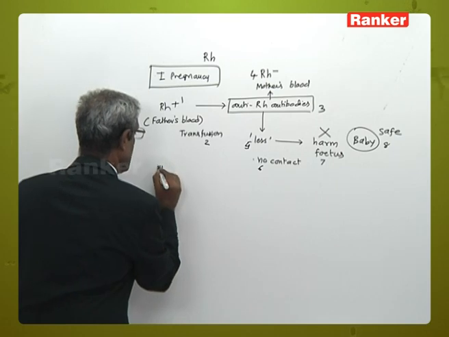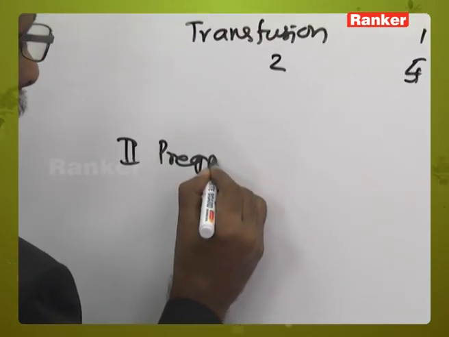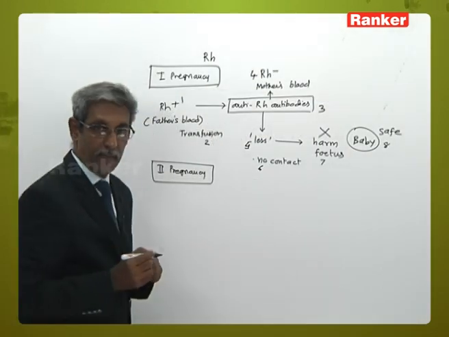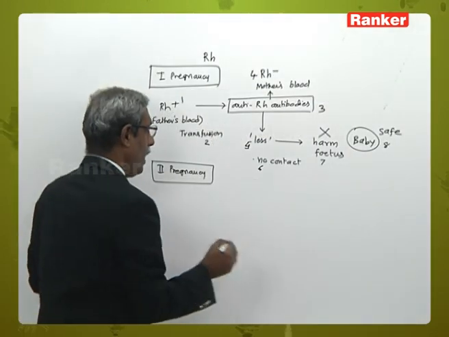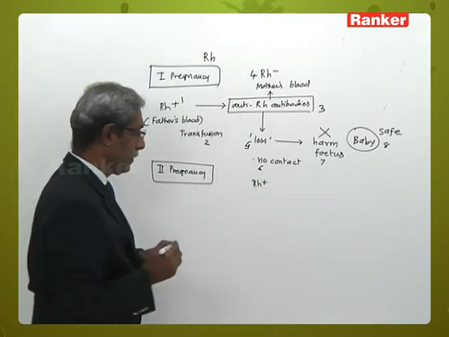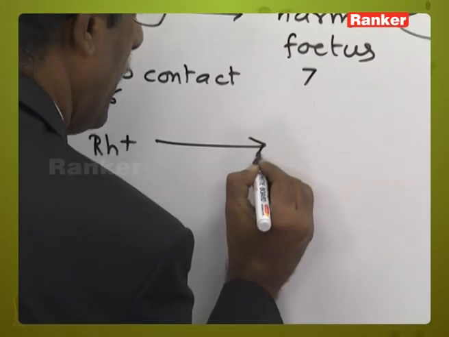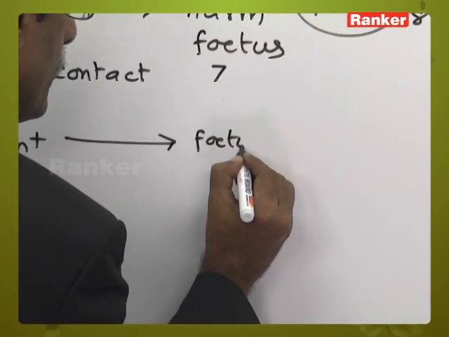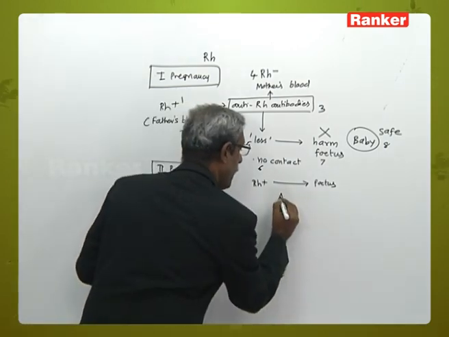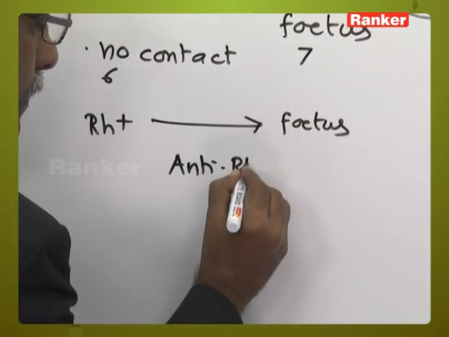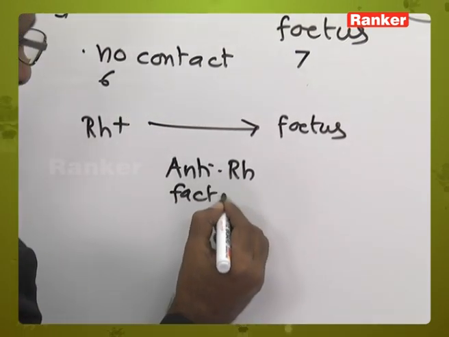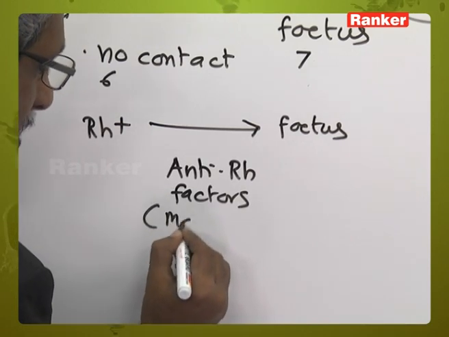During second pregnancy, Rh plus directly gets into the fetus. The anti-Rh factors are present in the mother's blood.